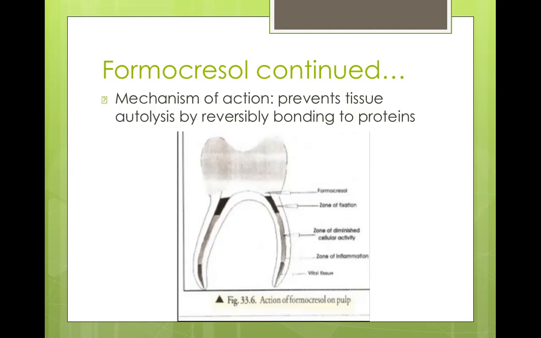There is the zone of inflammation, and at the tip of the root right here is the vital tissue. So most of the pulp in the roots has some changes as a result of the formocresol, and at the very tiny tips of the root is where you have vital tissue.